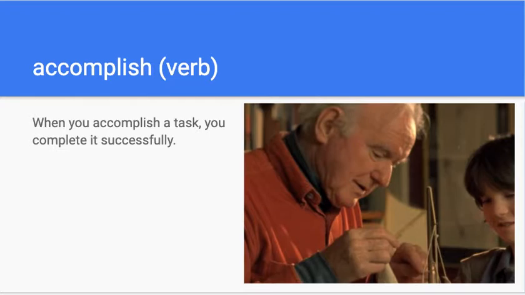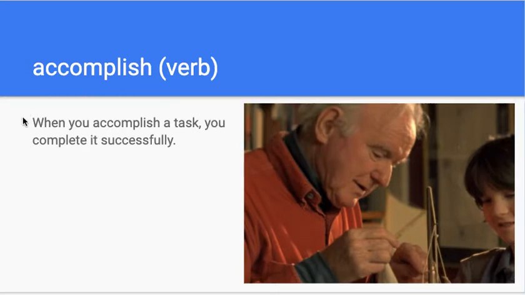All right, your first word to write is the word accomplish. And the word accomplish is a verb, which means it's an action word. And when you accomplish a task, you complete it successfully. So what you might want to write in your notebook is: to complete a task successfully.